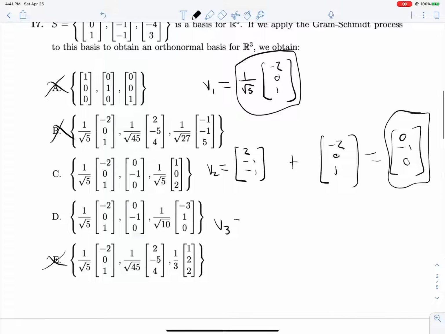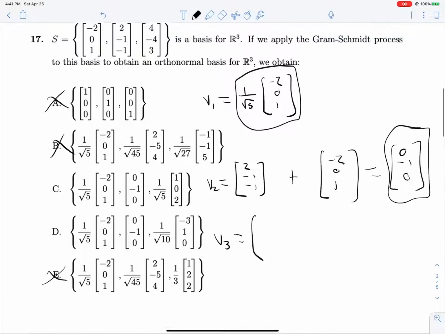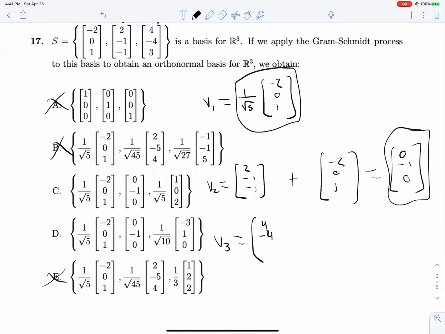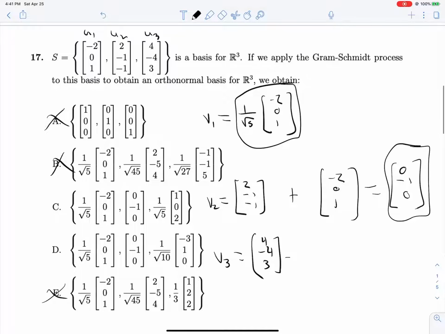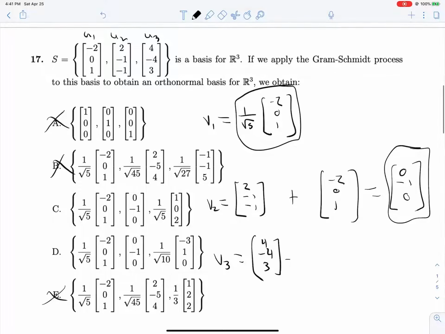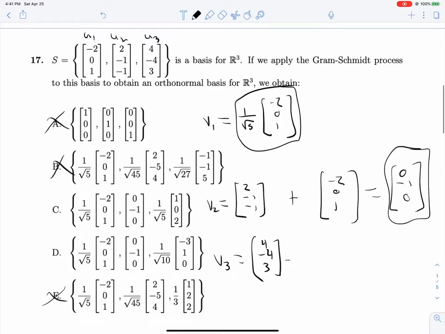And since this is already of length 1, we don't have to do anything to it to normalize it any further. Let's find v3. That will be u3, which is 4, negative 4, 3, and we'll subtract from that the projection of u3 onto v1. So the dot product on top will give us negative 8 plus 3, so negative 5.